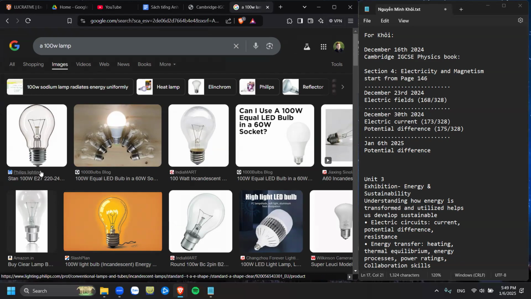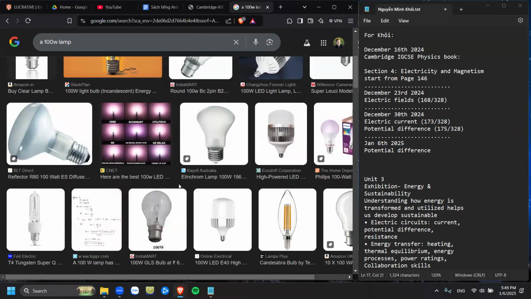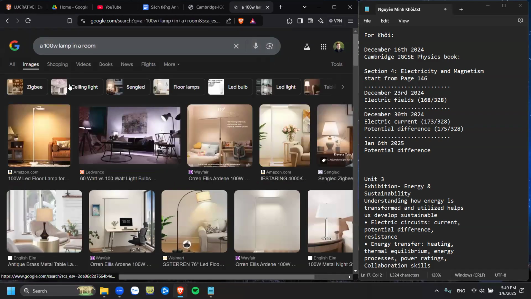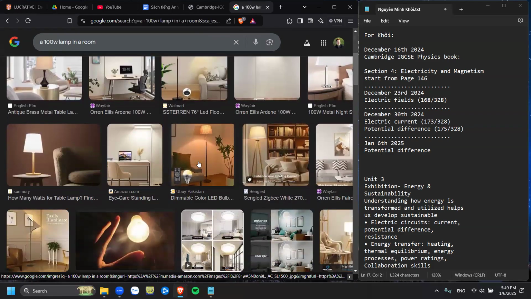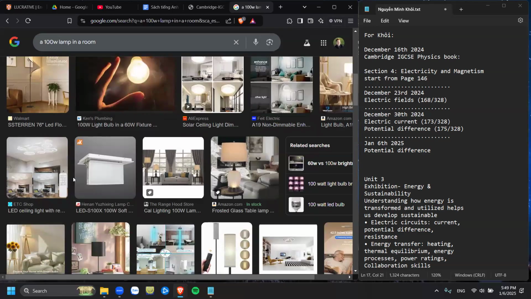Let's say in the dark you have a 100-watt lamp, the whole room actually lit up a lot just because of one bulb.